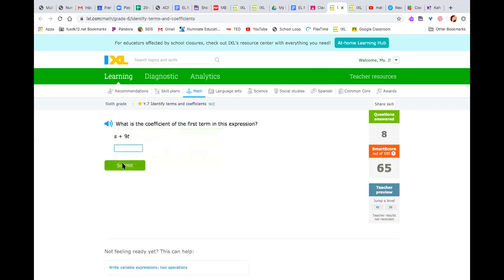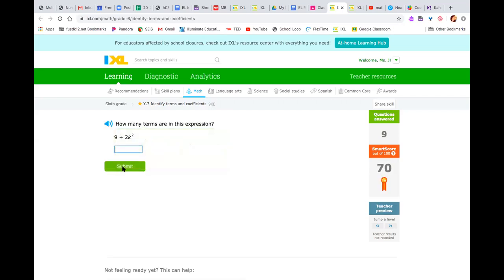Okay. Yes. What is the coefficient of the first term in this expression? S. Oh wait. 1. Yeah, we might put S. We have to remember there's an invisible 1, so that's tricky. There you go, got it.